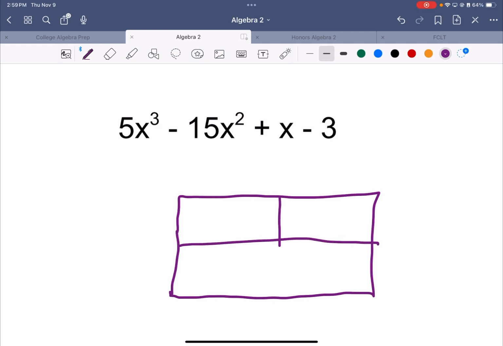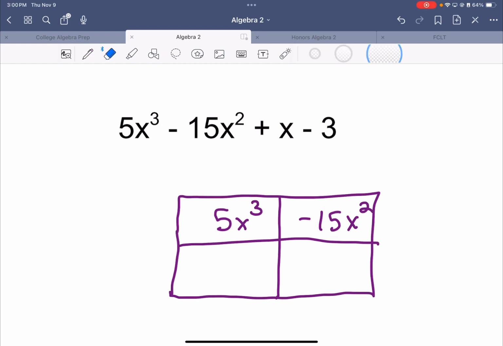So we've got 4 terms. We're going to make 4 boxes, 2 rows, 2 columns. The first row is going to consist of the first 2 terms, so 5x cubed minus 15x squared. The second row is going to consist of the last 2 terms.